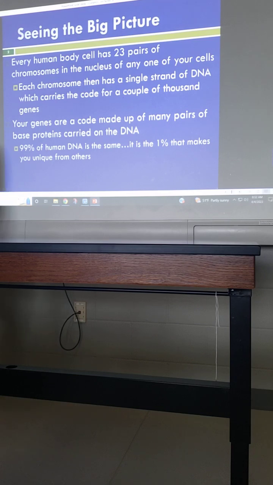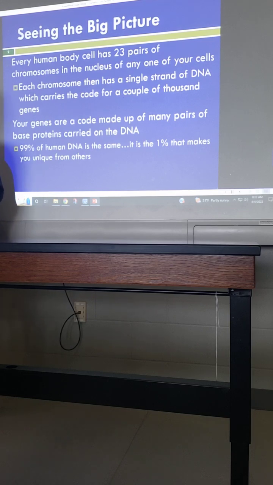Because if you think, okay, we're 99% the same, even though physically we all look very different, it might help us realize, hey, chill out, we're a lot the same. We don't need to pick at every little difference and let that cause problems between us. So really that 1% does account for a lot, but 99%, I mean, that's overwhelming.